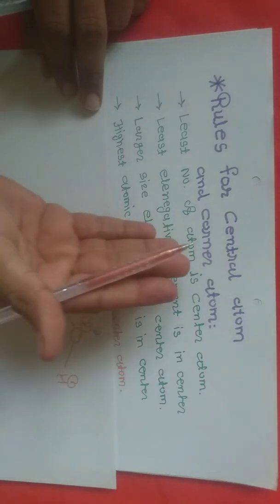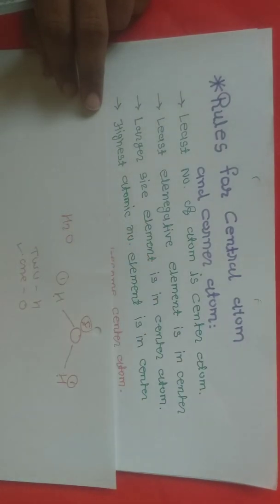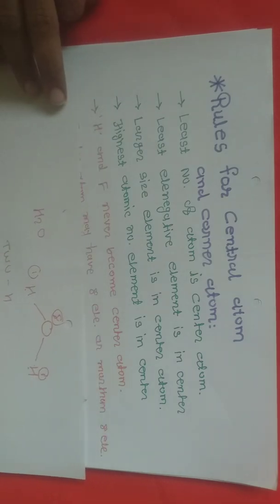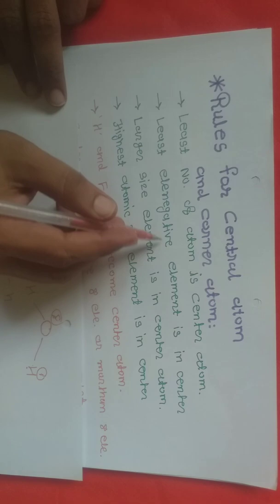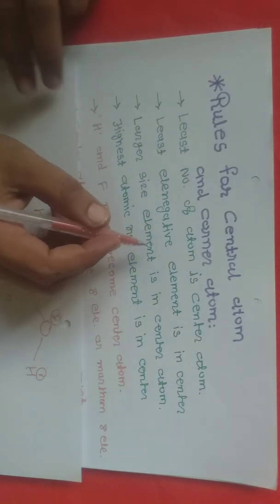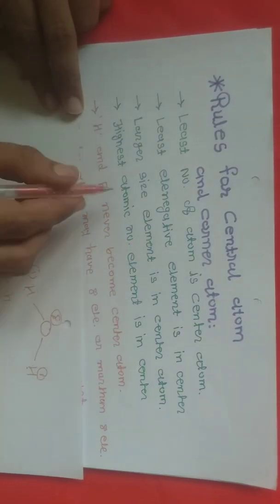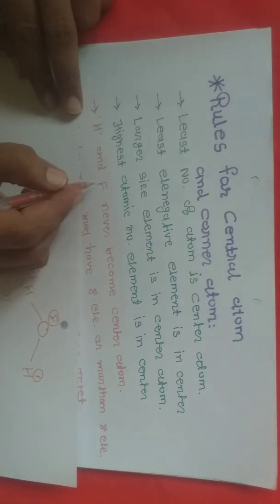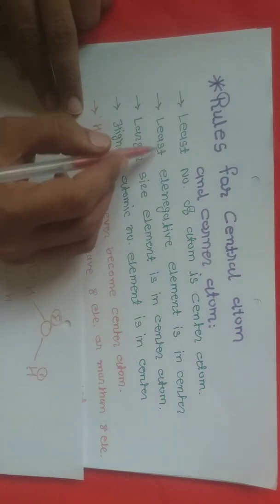Likewise, you have to use these rules in all Lewis dot diagrams, because in a Lewis dot diagram it is very important which atom you consider as the center atom. These are the rules for the center atom. So based on these rules we can say very easily that in the periodic table hydrogen and fluorine will never become a center atom, because fluorine is highly electronegative, not the least electronegative.